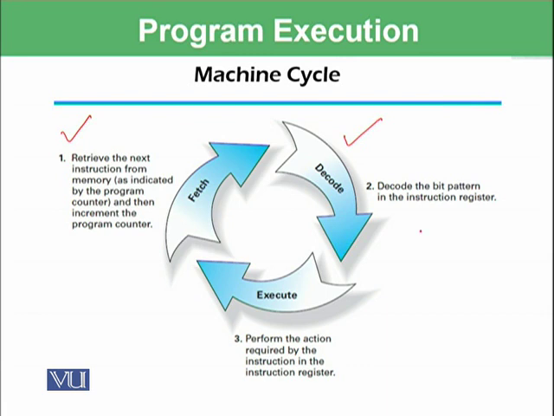For example, if there is an instruction 10xy, it might be telling us that this is a load instruction and you need to load data from the memory location xy to register 0 within the CPU. After decoding, that instruction is handed over to the execution phase, which actually performs the action within the CPU.